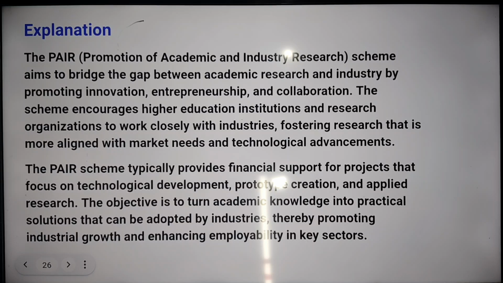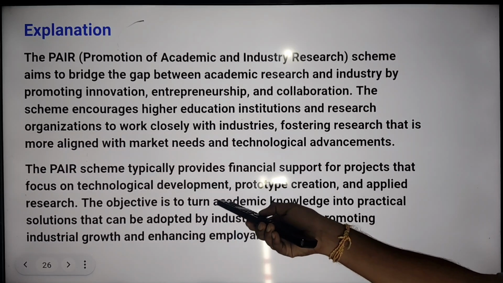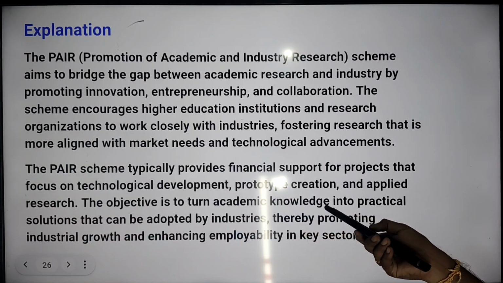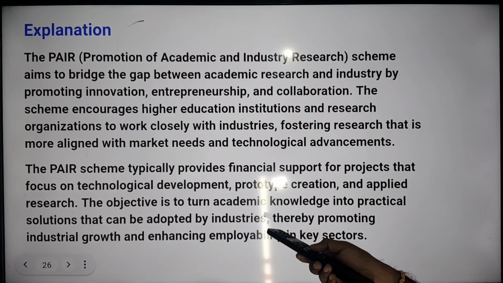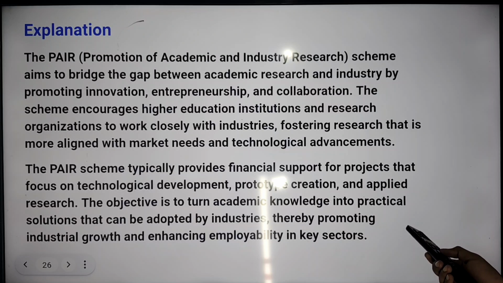The PAIR scheme typically provides financial support for projects that focus on technological development, prototype creation and applied research. The objective is to turn academic knowledge into practical solutions that can be adopted by industries, thereby promoting industrial growth and enhancing employability in key sectors.